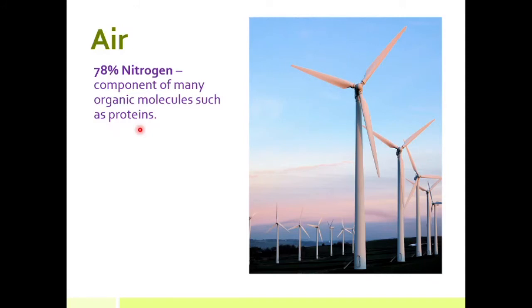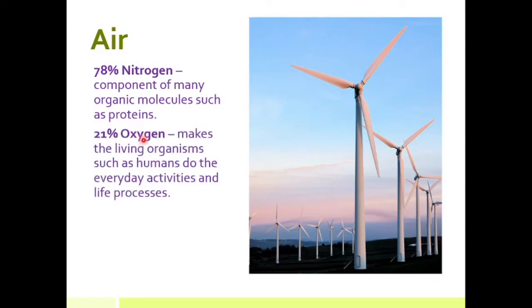Another component of air is oxygen, which makes up 21% of the total composition of atmospheric gases. It allows living organisms such as humans to do everyday activities because we need oxygen to survive, and our cells need it for our daily life processes.